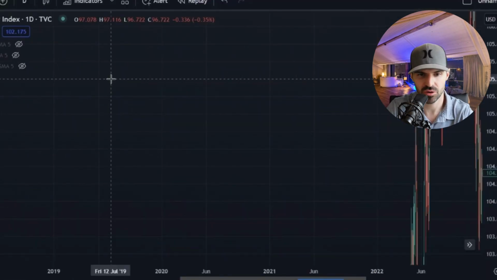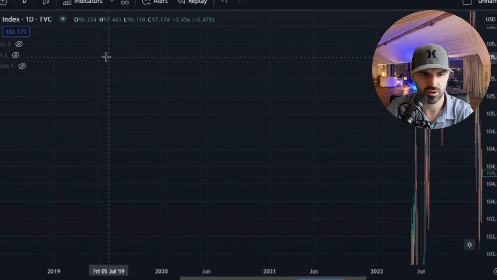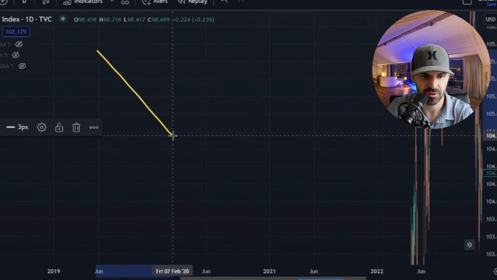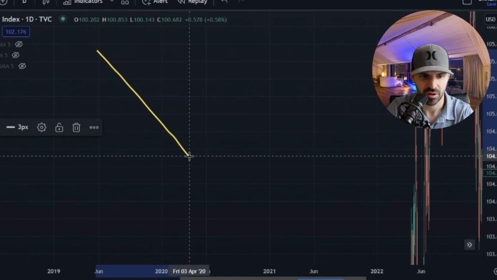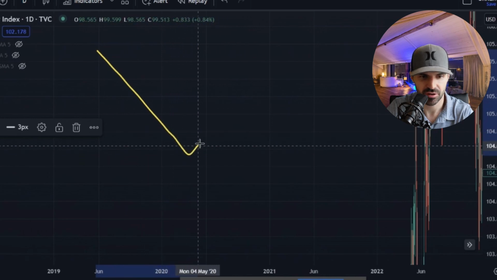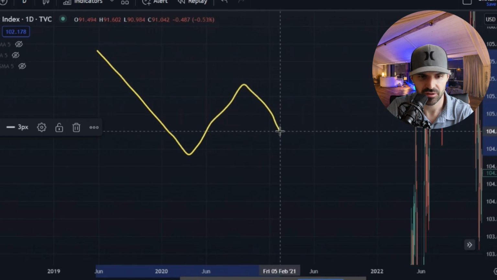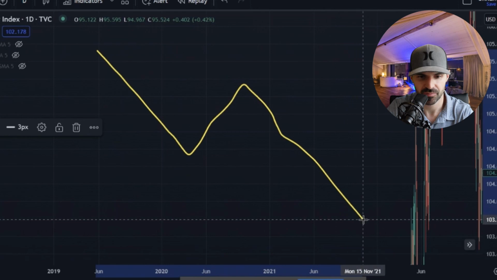If you were in a downtrend and you wanted to sell, but you wanted to wait for a quick bounce, for example, the market's trending down. It bounces here, and it's trending down again.